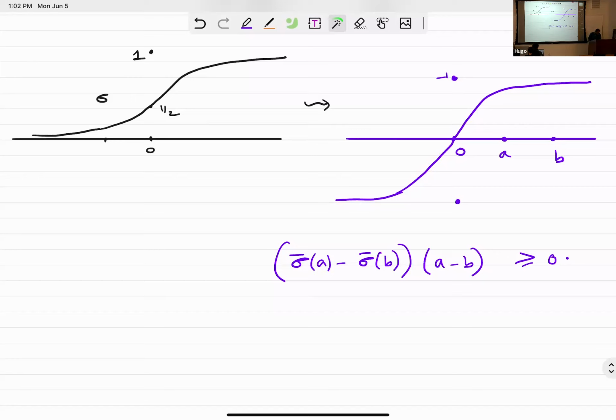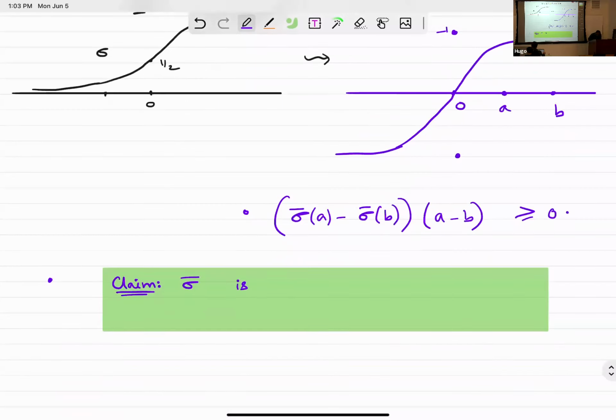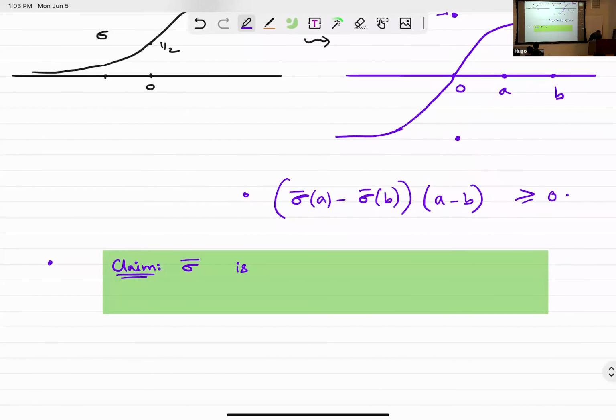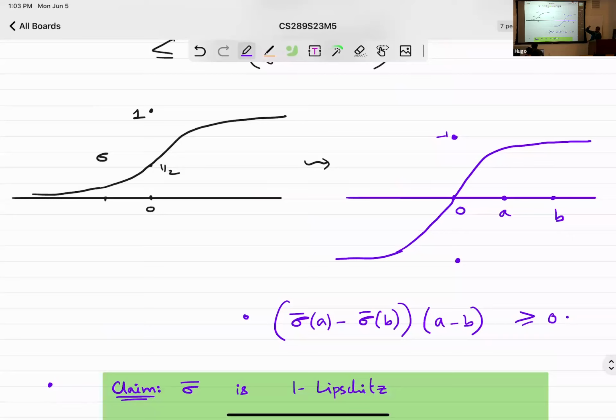this... so let me state it as a claim. So the function, a smooth function, its derivatives are always bounded by 1.